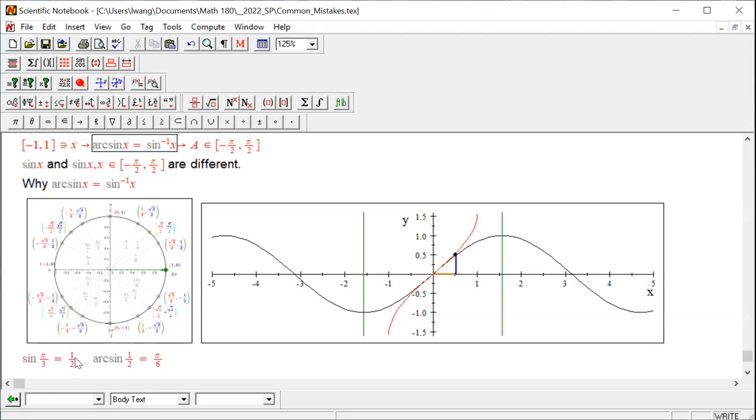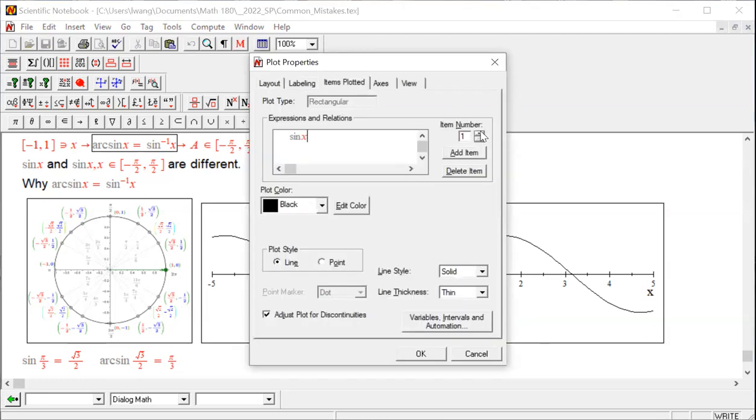Pi over 3, so this is going to be root 3 over 2. So now this is root 3 over 2. Some of you, if you understand this, you can just move forward. This is pi over 3.